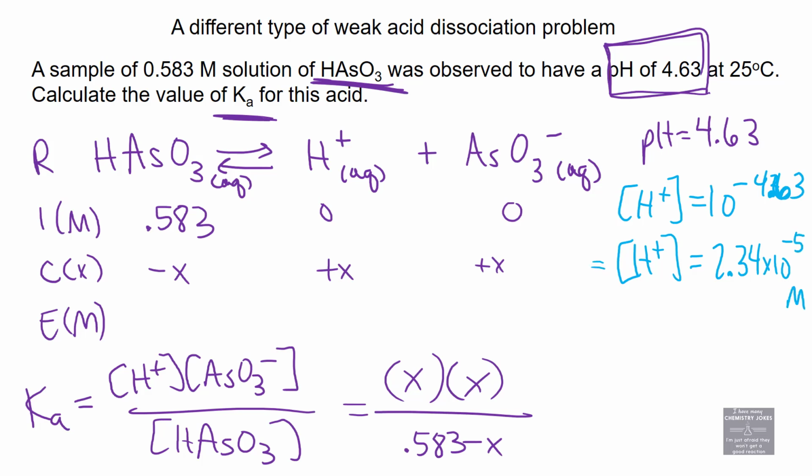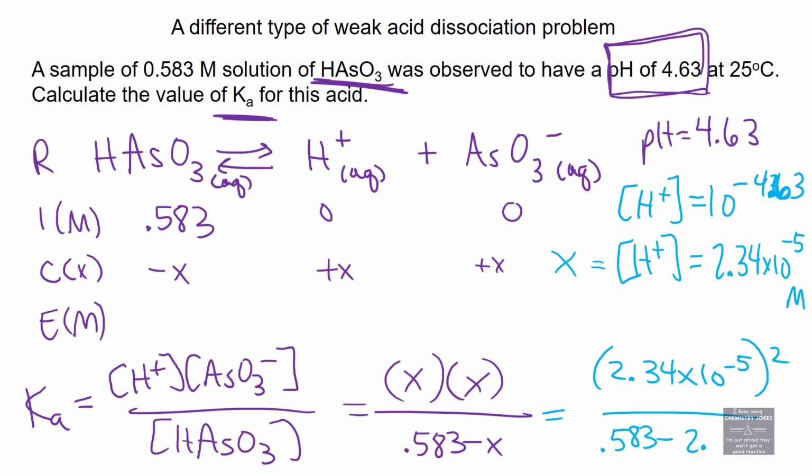Well, H+ concentration is equal to x. So I can actually put 2.34 times 10 to the negative 5 squared over 0.583 minus 2.34 times 10 to the negative 5. And if I do that calculation, I'm going to come up with Ka of this weak acid.